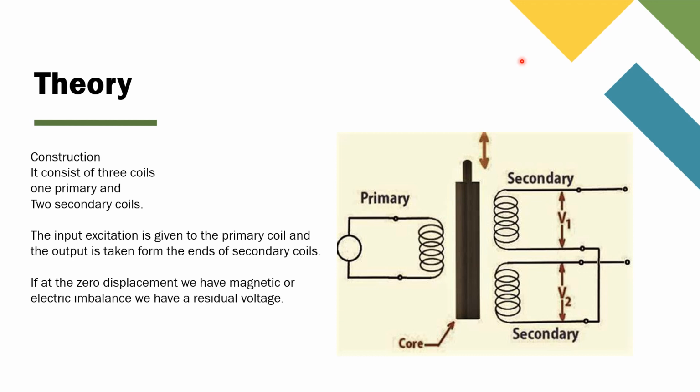And in the balance condition, the core is placed in such a way that the flux through both the secondary coils is the same. So the potentials V1 and V2 generated across the two secondary coils are equal in magnitude, and they differ in phase by pi. So they cancel each other, and at the output we have zero potential.